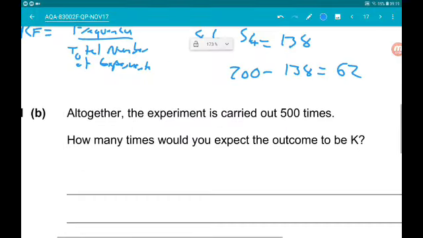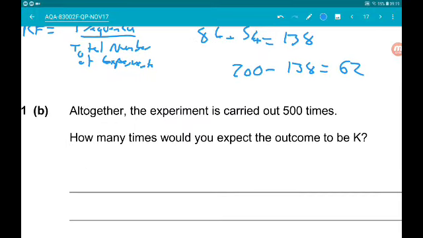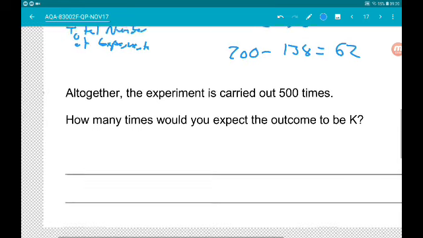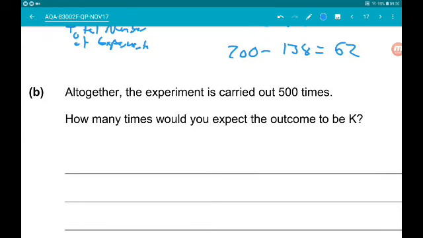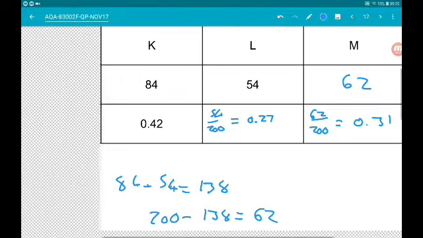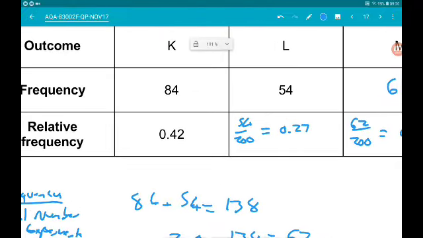Okay, part B says altogether the experiment is carried out 500 times. How many times would you expect the outcome to be K? So, we know the relative frequency of K is 0.42.